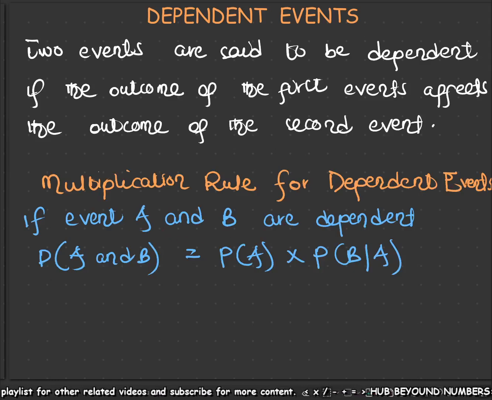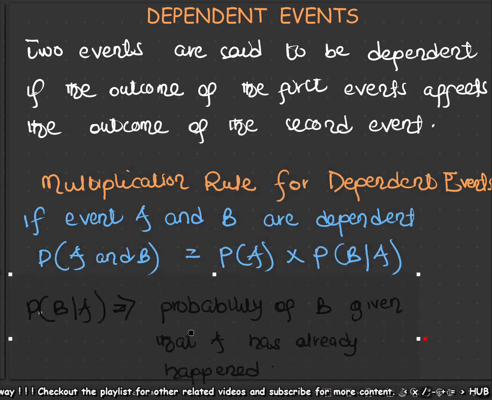The multiplication rule for dependent events says that if the events A and B are dependent, take note, we only use this if they are dependent, then the probability of A and B is the probability of A times the probability of B, given that A has already occurred.